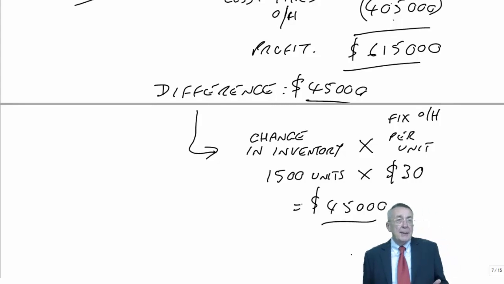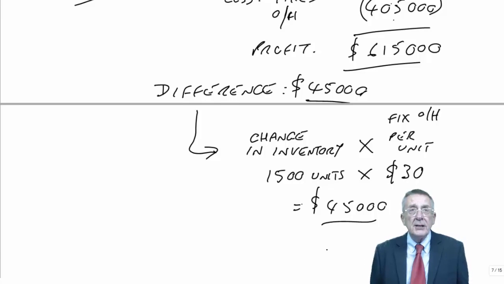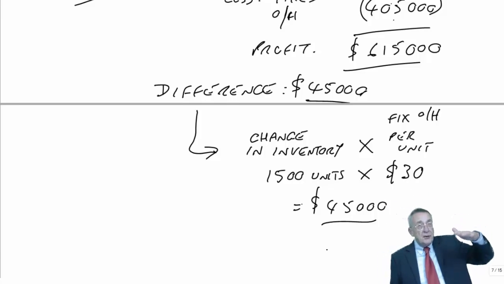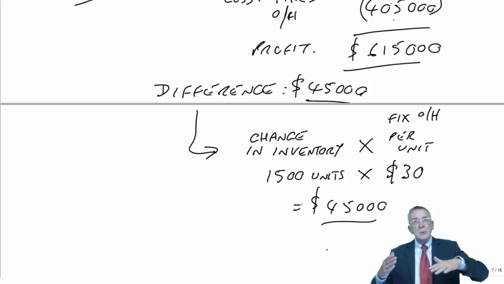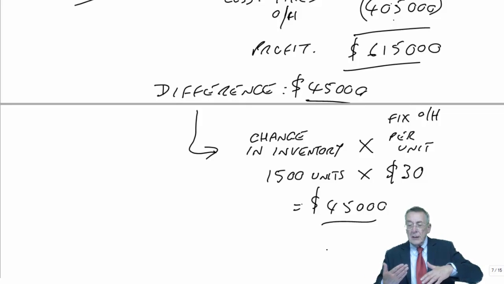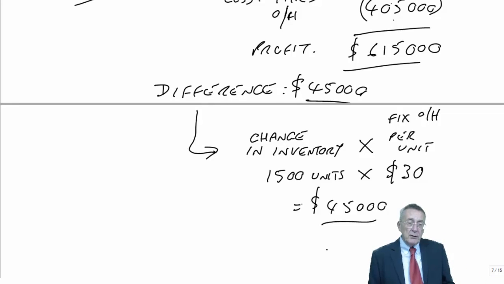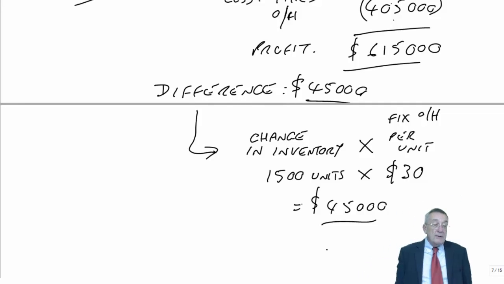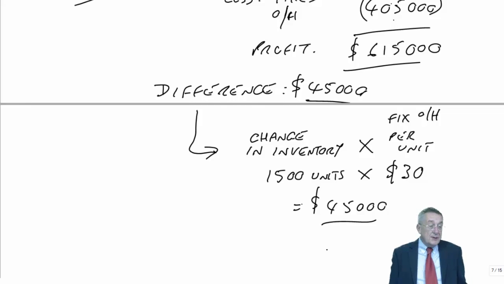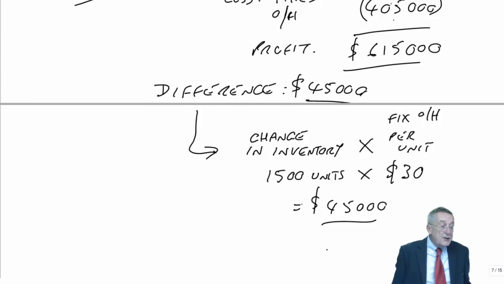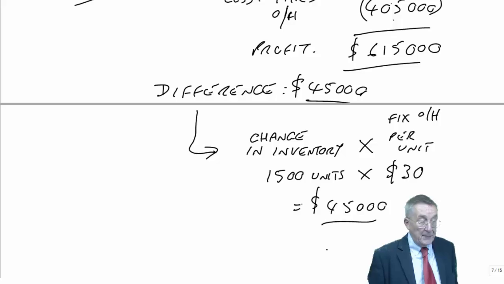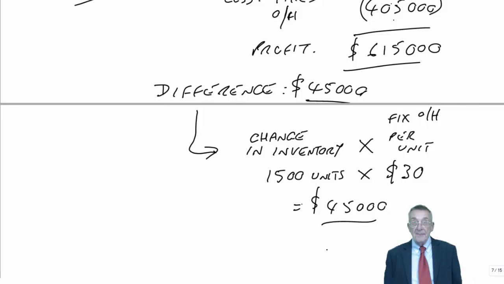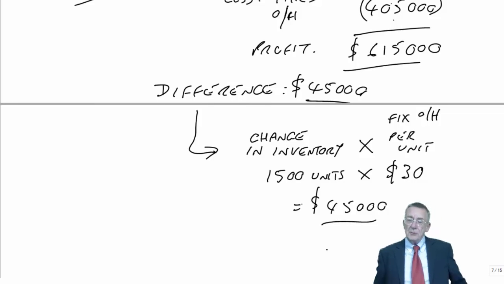I'm sure you can accept, without me going through yet another illustration, that if inventories were falling because you were selling more than you produced, in that case, marginal will give the higher profit. And you'll see at the bottom of the previous page, if it helps you remember, but do be convinced. When stocks increase, absorption is more.